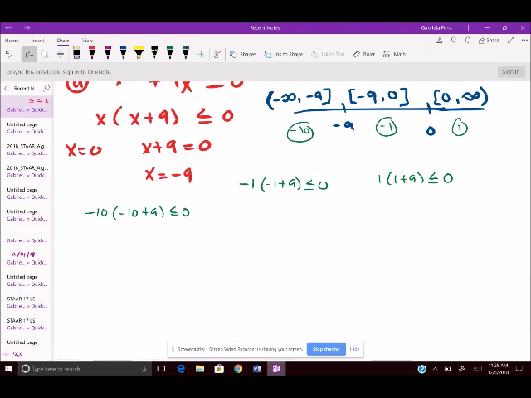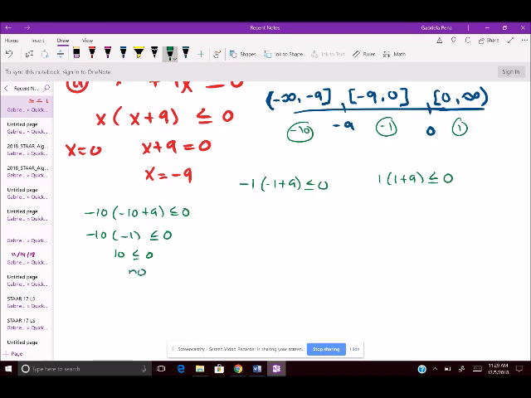So -10 plus 9 is -1. -1 times -10? Positive 10. Now, for these math things, once you set up your equations, if you want to just plug it into your calculator to check, you may. But just remember on your test, you're going to have to show everything. So is this a yes or a no?